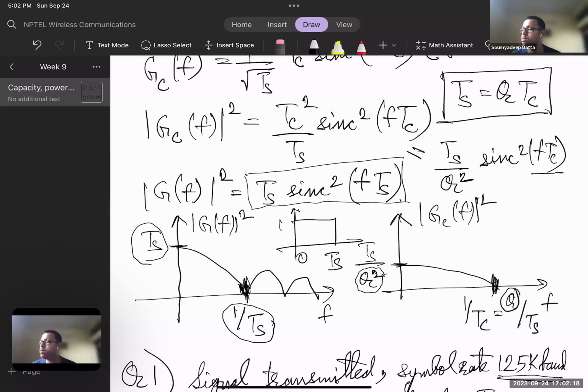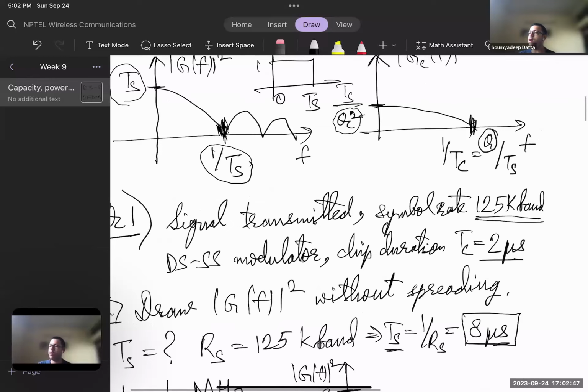So it becomes flatter, essentially. The amplitude becomes low and it spreads out. The crossing point is multiplied by a factor of Q, because sinc of 1 is 0, and 1 by Tc is nothing but Q by Ts. So it just spreads out and its amplitude reduces.